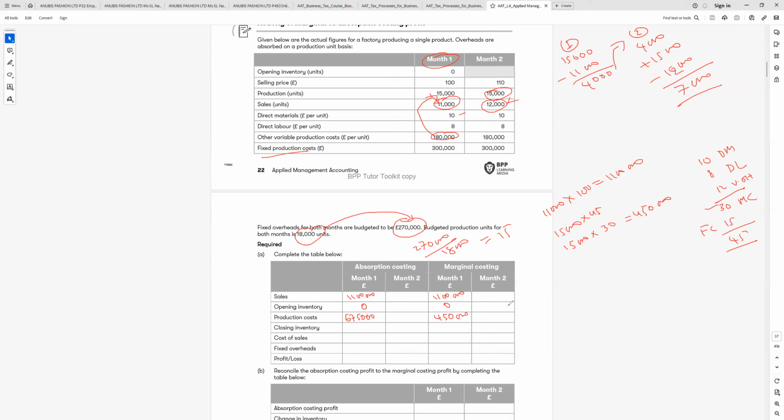And then the closing inventory. Closing inventory, we made 15 and we sold 11. We calculated before here, 4,000 we have as the closing inventory. And 4,000 under the absorption, we multiply by 45. 4,000 multiply 45, and that gives me 180,000.